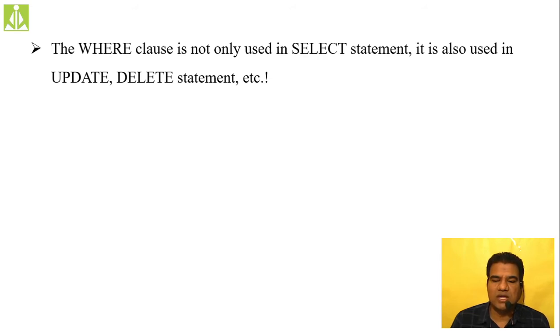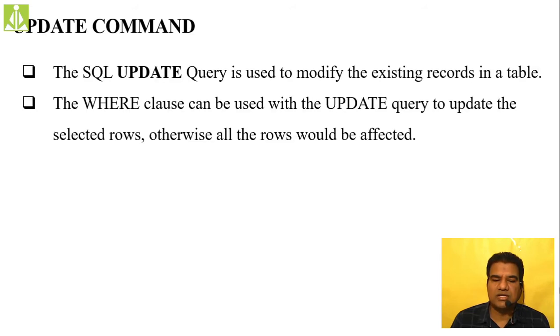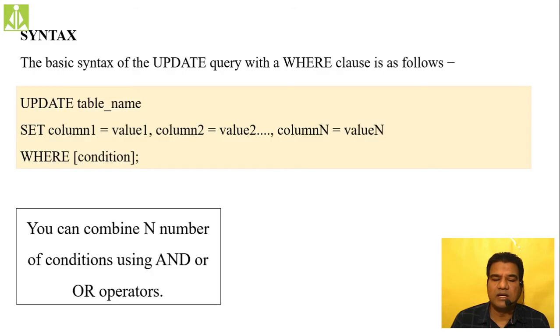So in today's session, the update discussion we have completed, the update command. We said how we are going to use this update command to update particular field values present inside a record, or particular field values in multiple records, using the update command that we have seen in our previous session.